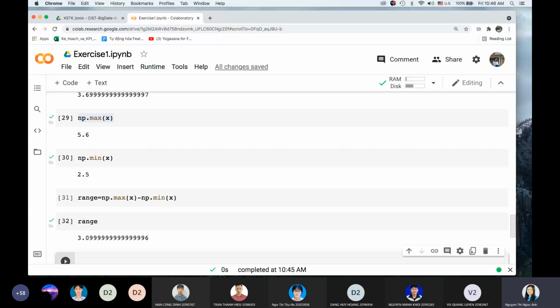Now we write down in the chat box, what is the range of data? Can you show me what the range of data is?